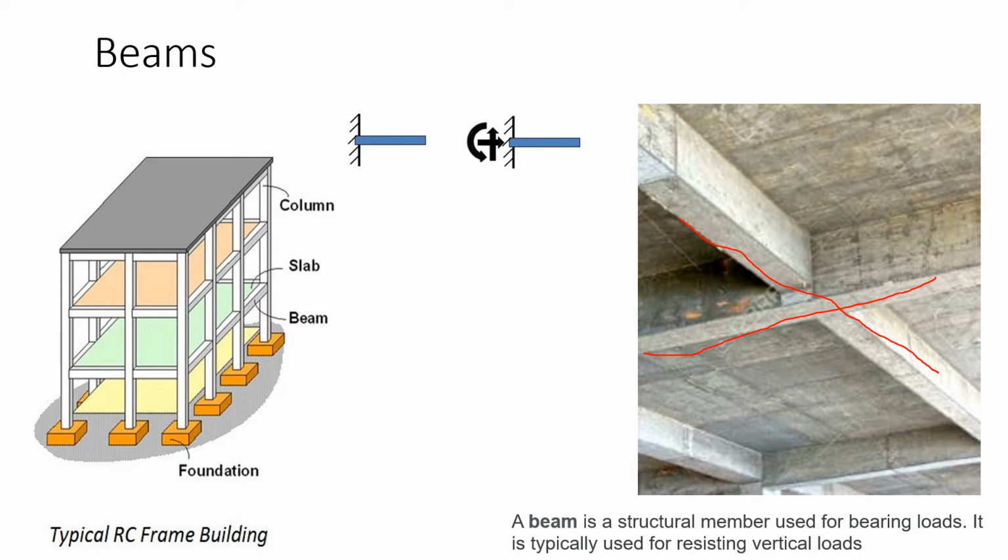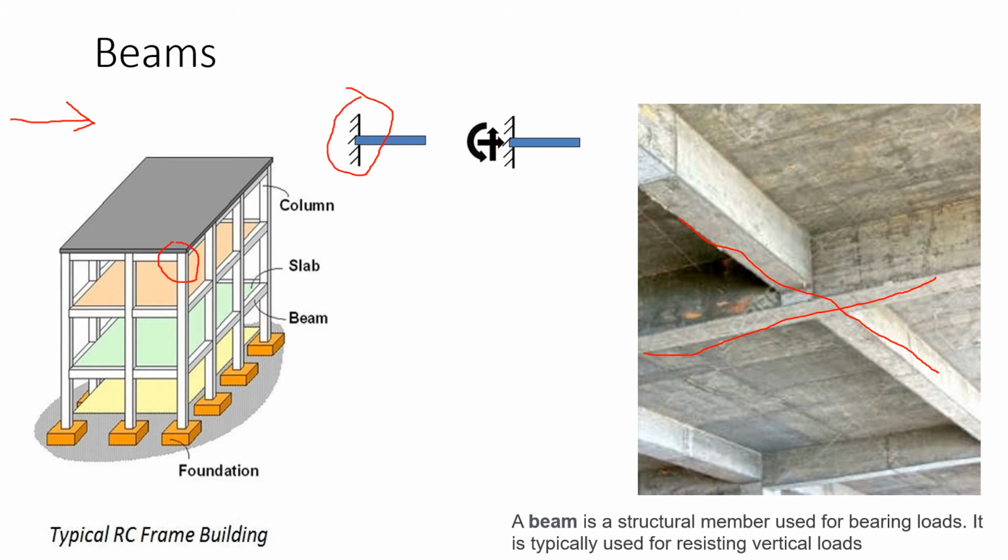Now, when this RC frame gets subjected to external force, the point where this beam and column connect is called a joint. So, whenever this RC frame gets subjected to external force, this joint will have basically three deformations.